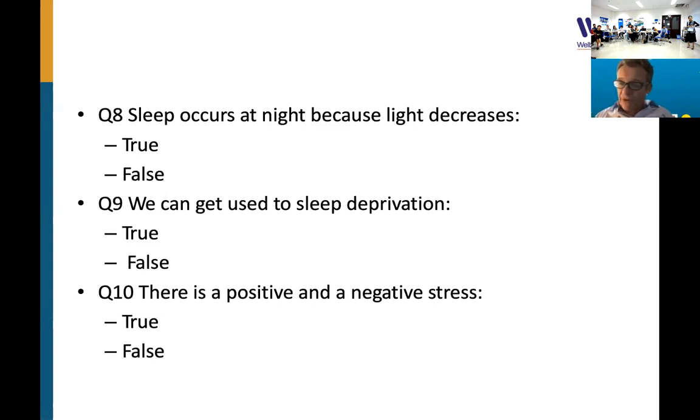And this is very important, because a lot of people just believe, okay, I get used to sleep deprivation, and so I can just work after only 4 hours of sleep. No, you will have some negative effect of sleep deprivation, but probably you are not aware of that. And this is, I think, a very important message for tomorrow morning.